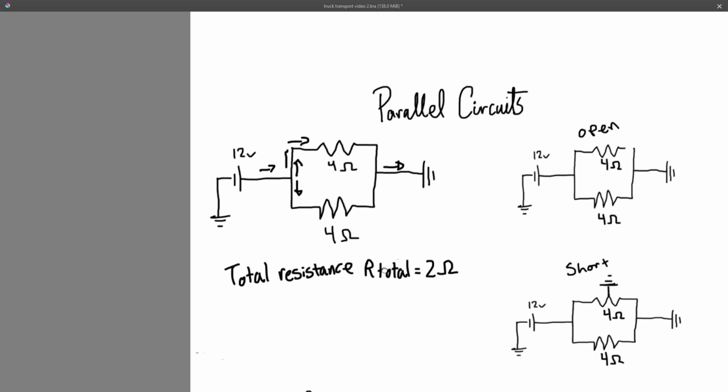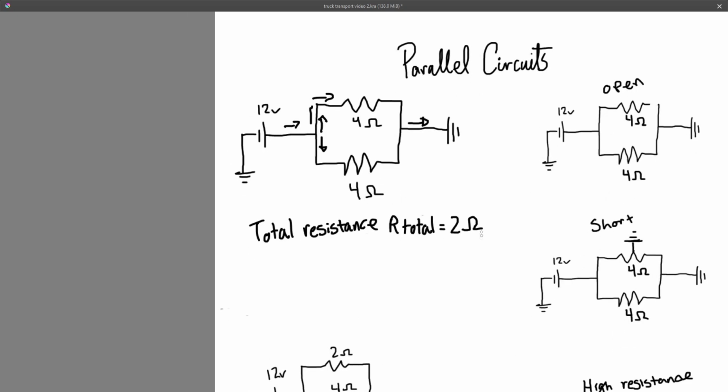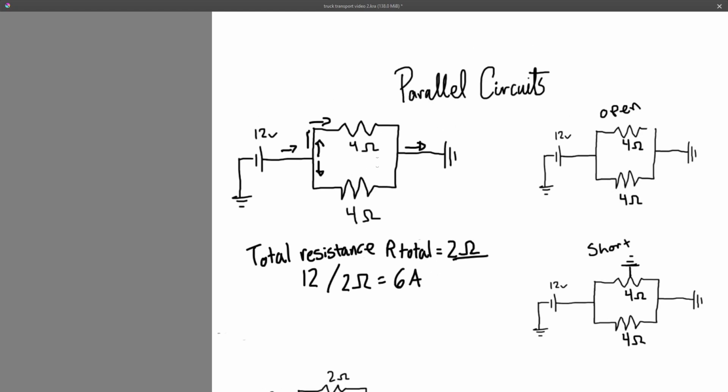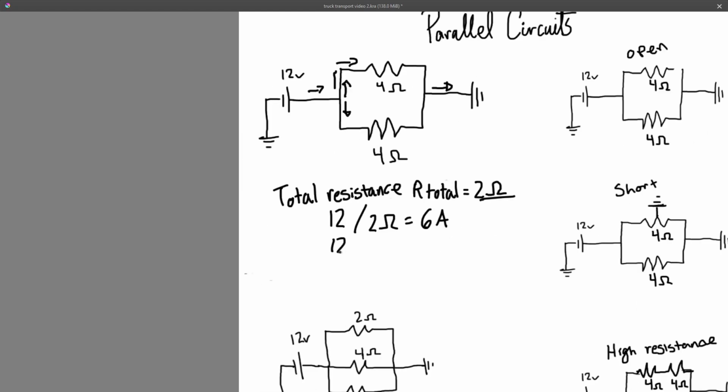To calculate the amperage for this, because we have our total resistance already, we can take our 12 volts, divide it by 2 ohms, and we know it's equal to 6 amps. To figure out the amperage on each side, if we take 12 volts divided by 4 ohms, we are going to get 3 amps.